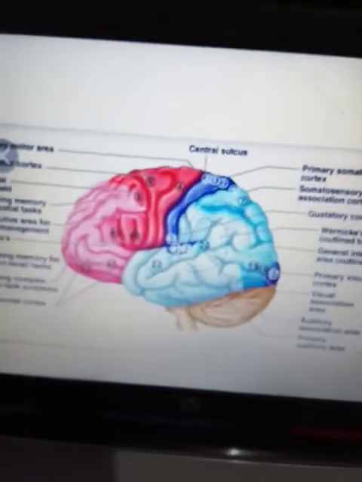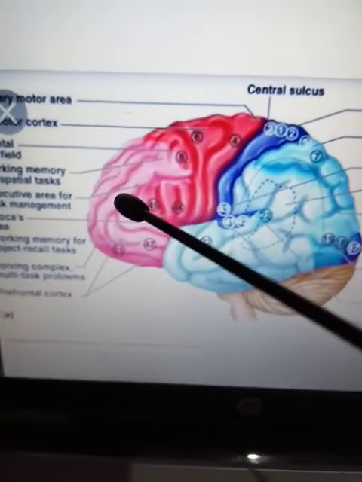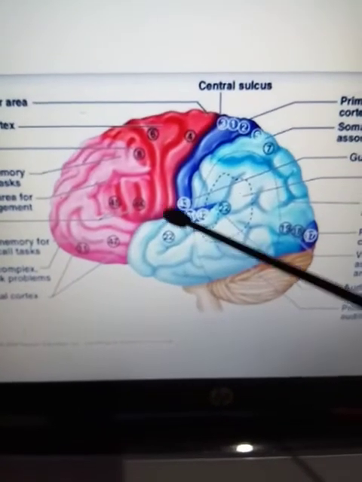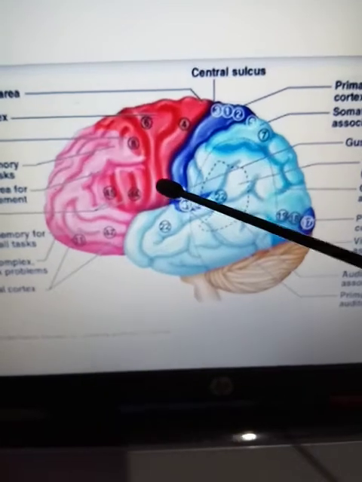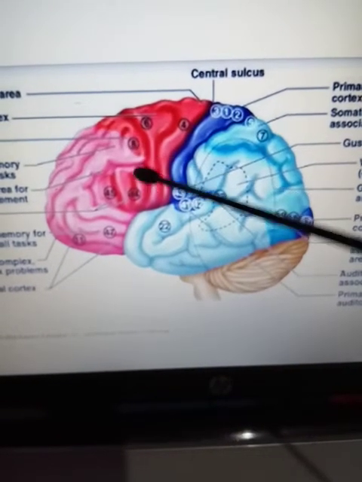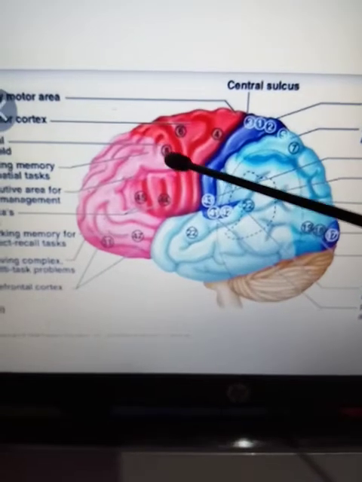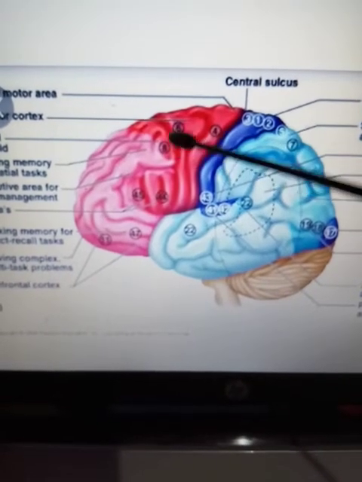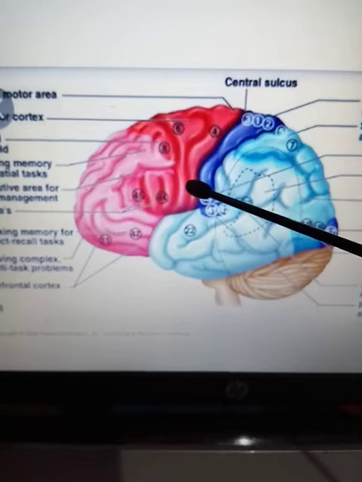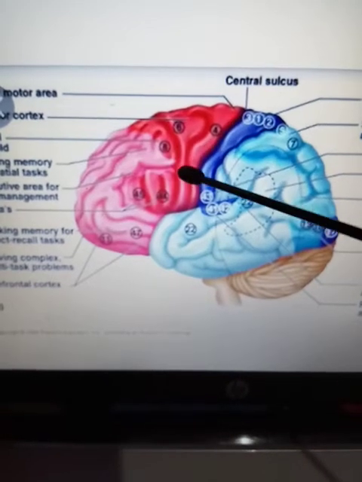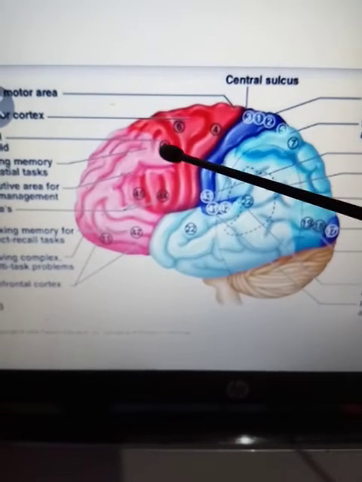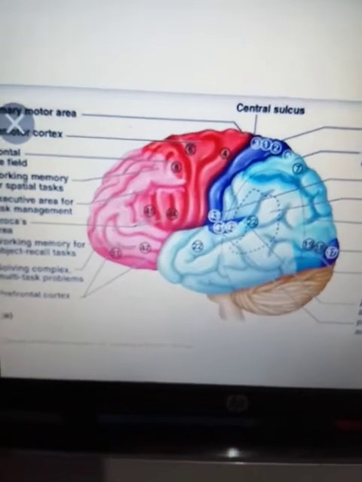The movements will be there because area 4 will be functioning, but the skillful movements will go. That means Brodmann areas 6 and 8, the premotor area, aid the intricacy of the movements. So if they get damaged, the skillful movements will go.